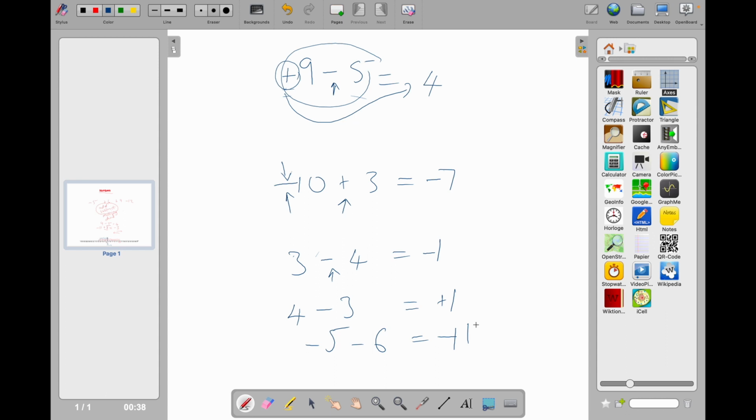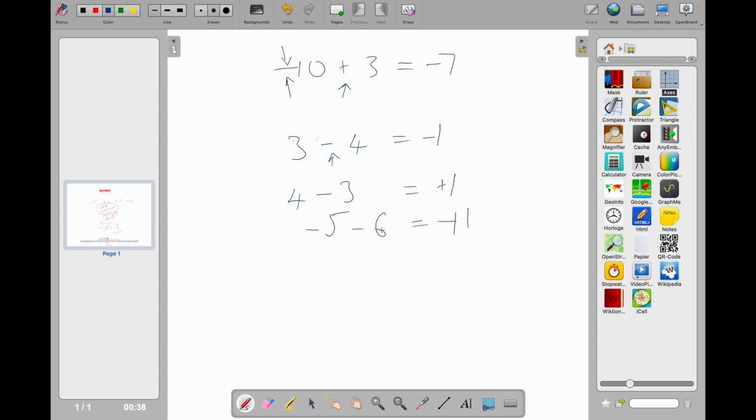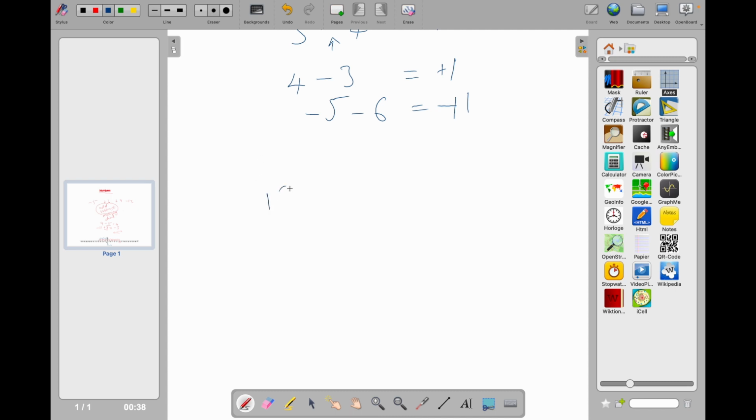Okay, so let's have another example. 12 minus 7 equals what? 12 minus 7 equals 5.